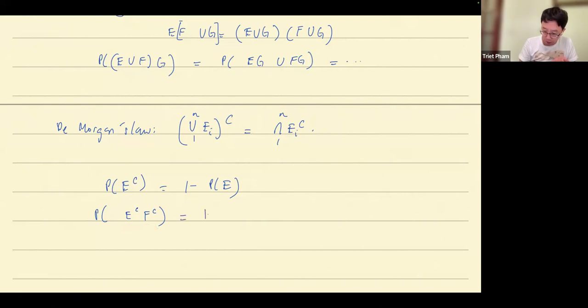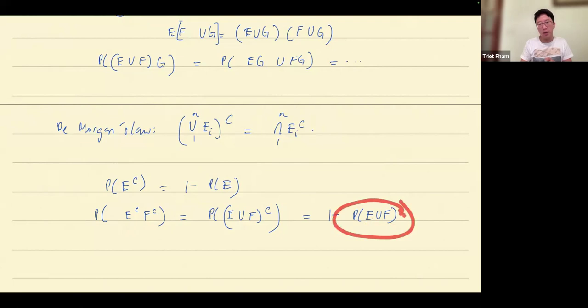But first of all, by De Morgan's law, you recognize that this is the complement of the union of E and F. And then you will see that it's going to be 1 minus the probability of the union. So this operation lets you focus on the probability of E or F instead of the probability of not E and not F. And that small switch somehow makes things much easier to calculate.